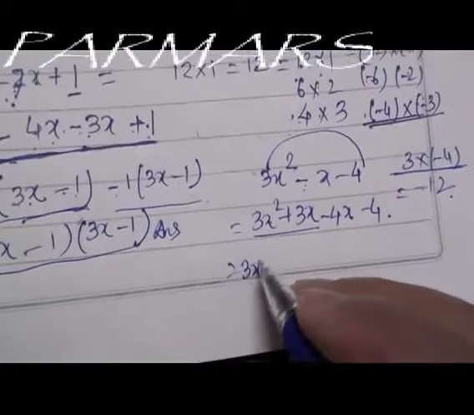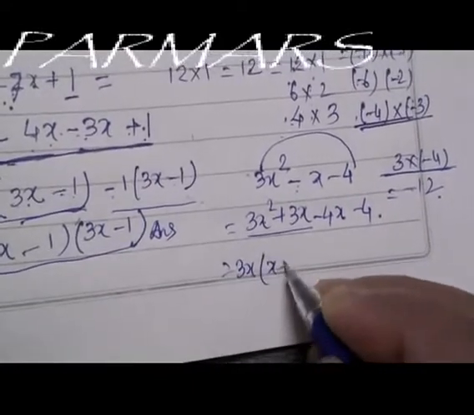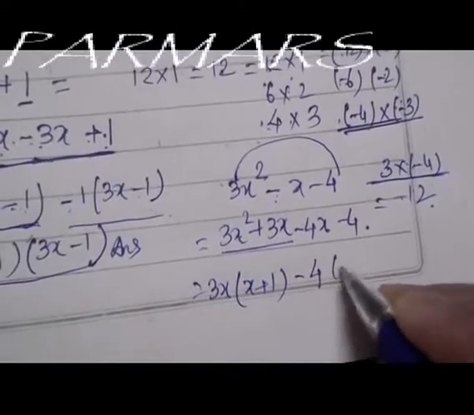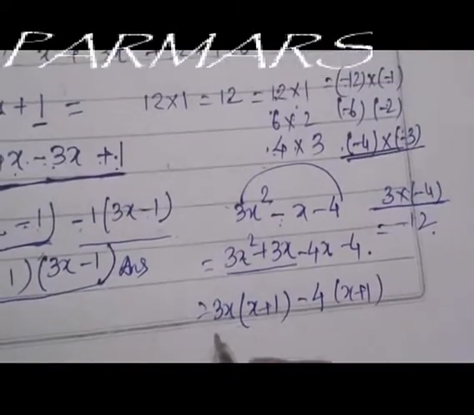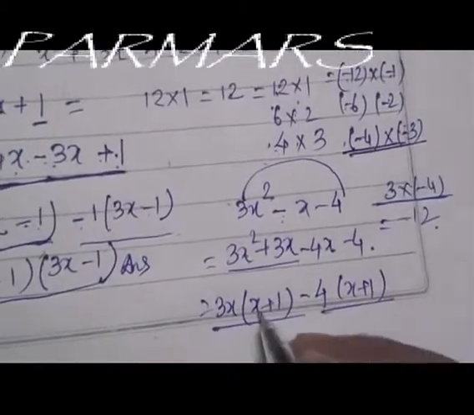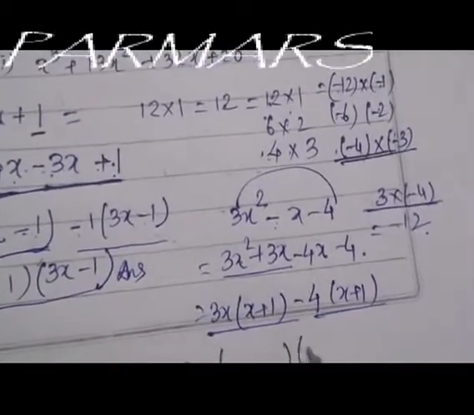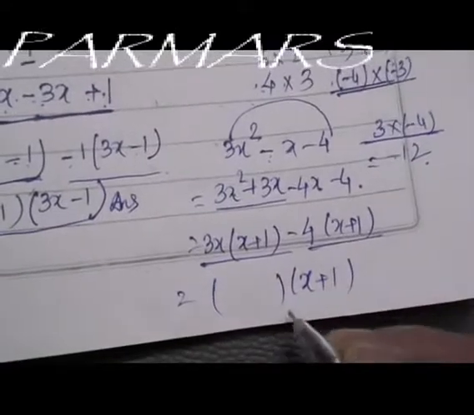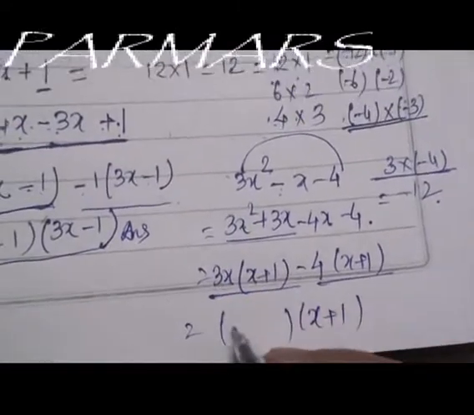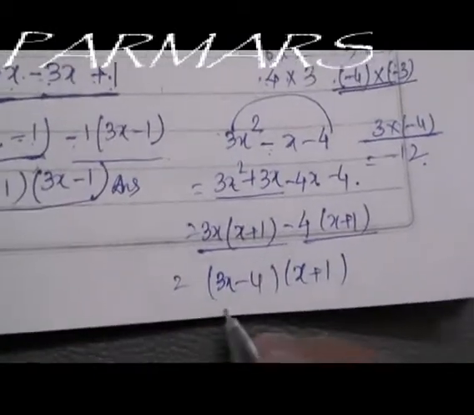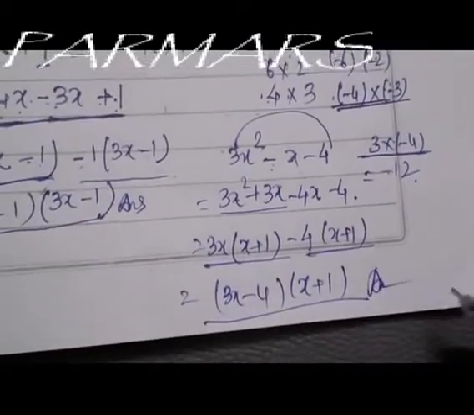So 3x, but left with x plus 1. And from the last two we take minus 4, x plus 1. And from these two, x plus 1 is a factor, so take it out. From the first we are left with 3x, from the second we are left with minus 4. So this is the answer. Clear?